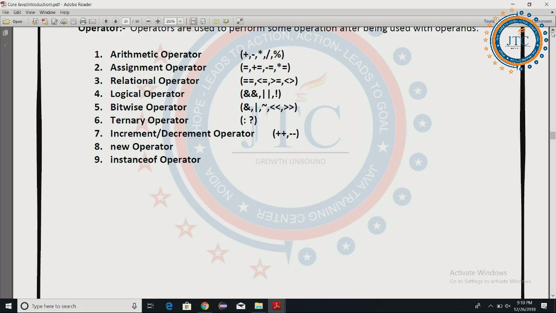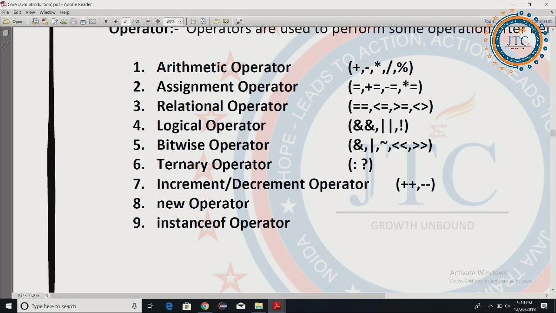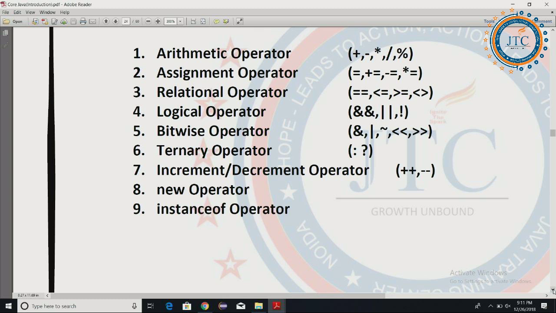Second is the assignment operator, then relational operator, logical operator, bitwise operator, ternary operator, increment decrement operator, new operator, and instanceof operator. These are all the basic operators that we are going to discuss. Mainly there are 9 types of different operators we are going to see here. Now let's understand first.